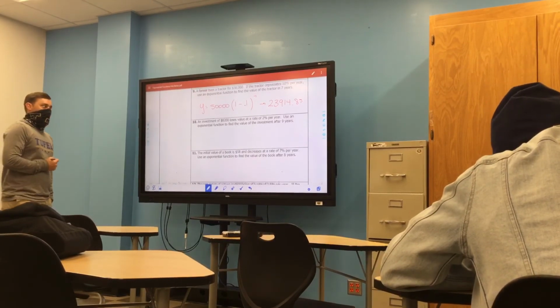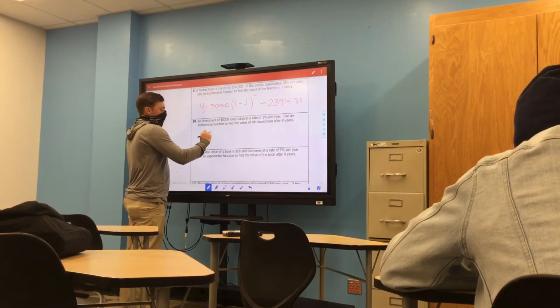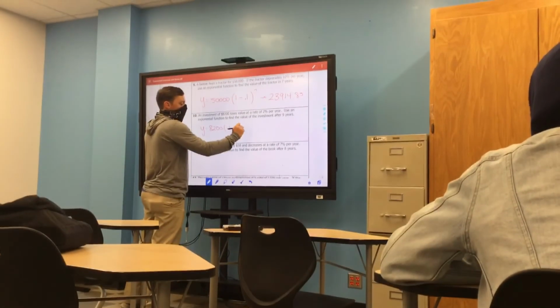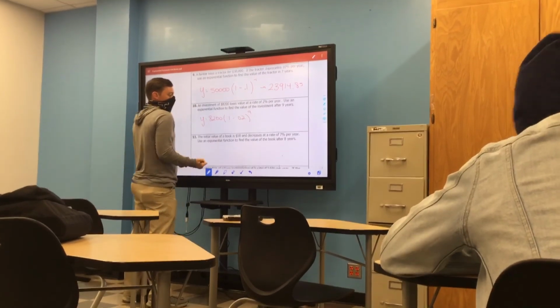All right, an investment of $8,200. 8,200 would be my initial amount. It loses value at a rate of 2% each year, so minus 0.02. Find the value of the investment after 9 years.